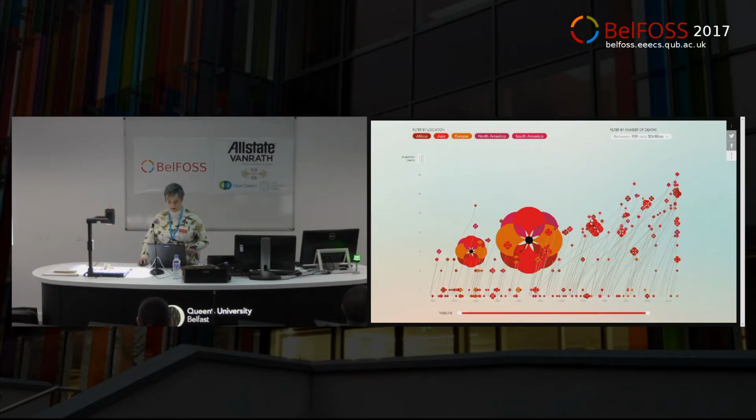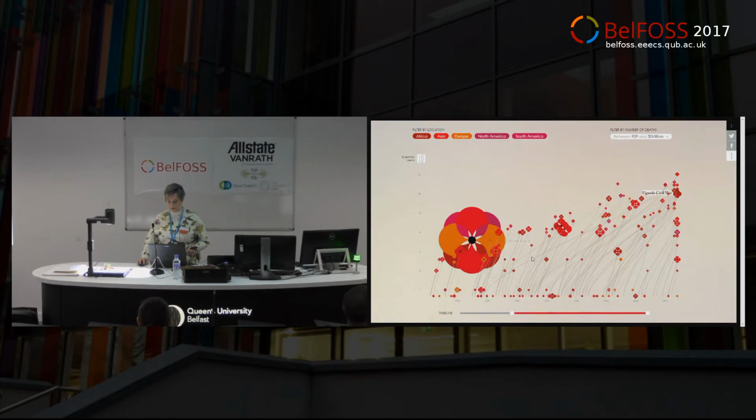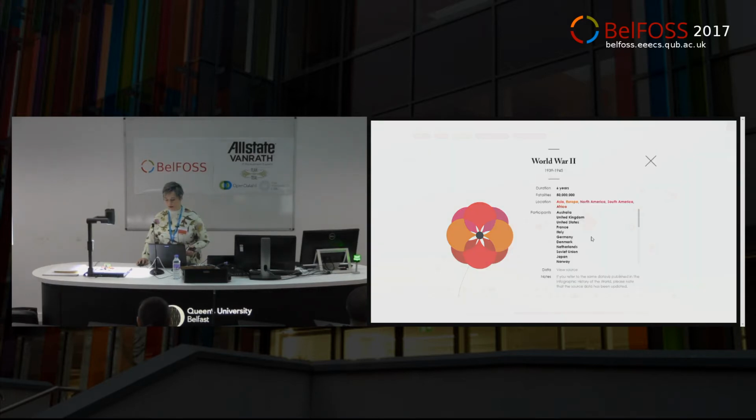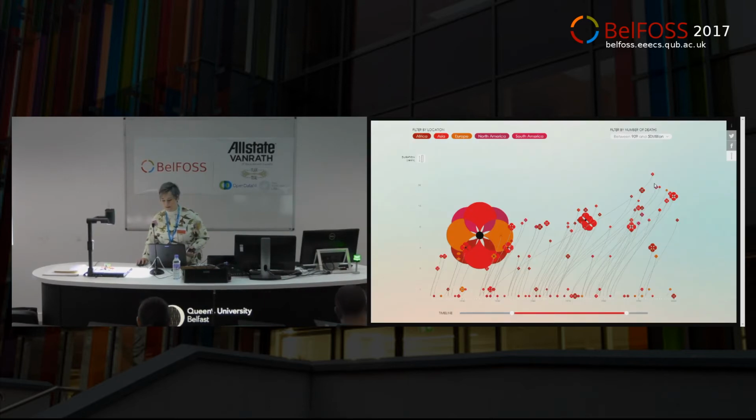There's a timeline down here, so you can see what happened in certain periods of time, and filters here for what countries were involved. Then if you click, you get a nice pop-up to give you more information on the conflict. Visually, I just think it's really beautiful, and it's really well done.